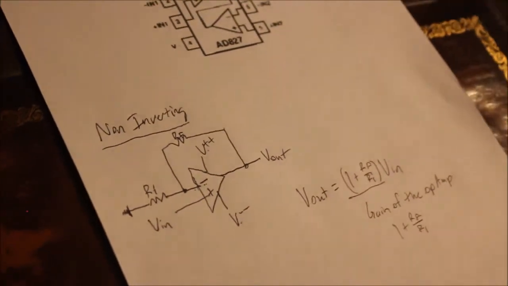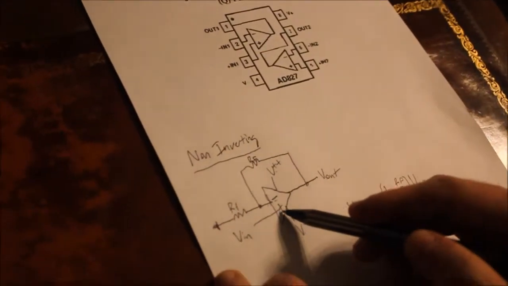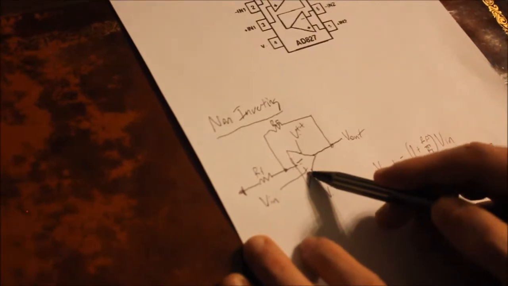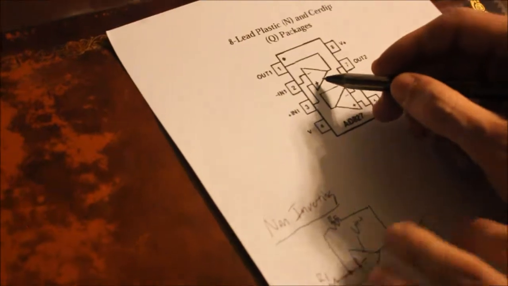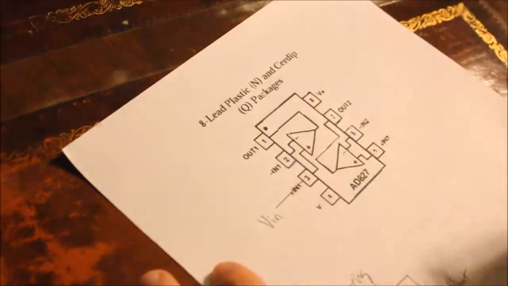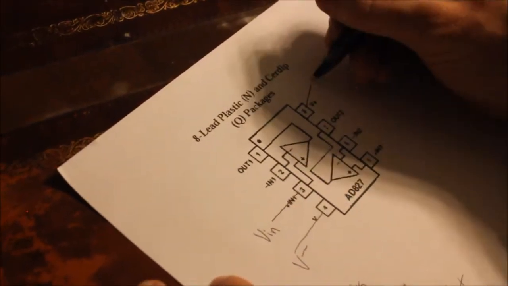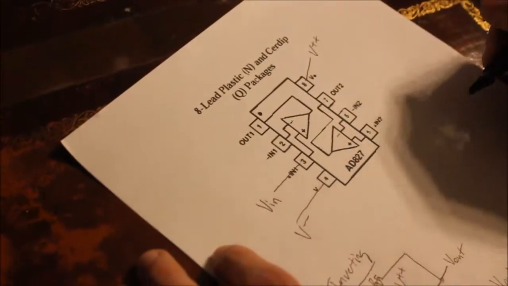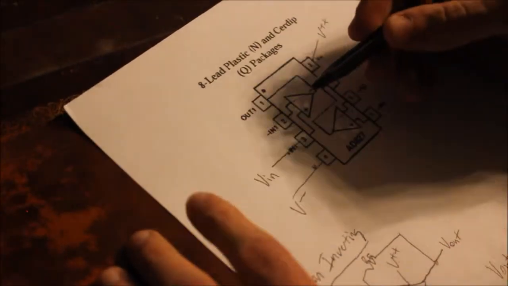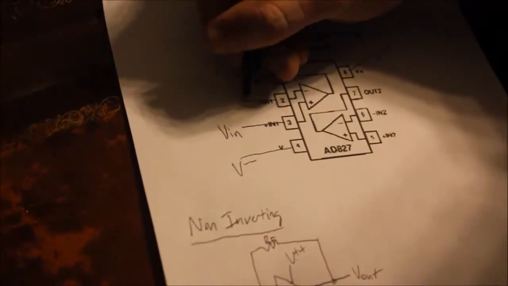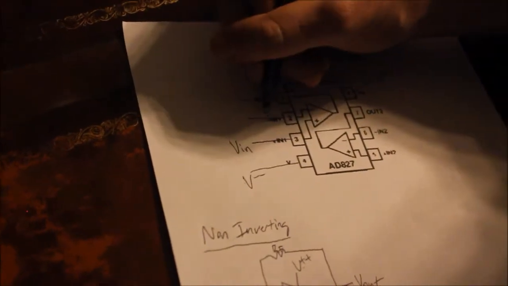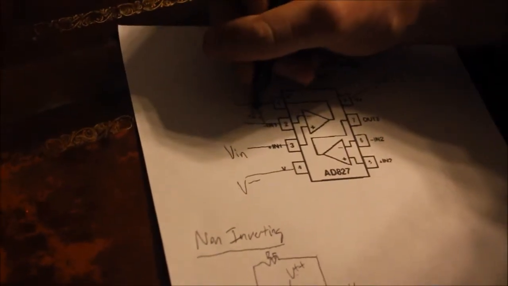How you would breadboard this, looking at this, we have our Vin goes into the non-inverting terminal. So here, on this picture, you can see this is the non-inverting terminal, and it goes to pin 3, so we'd connect Vin right to this one. You'd connect your negative source there, your positive source there, and now we have V out, which, I'll just draw these wires, we have RF between those two.